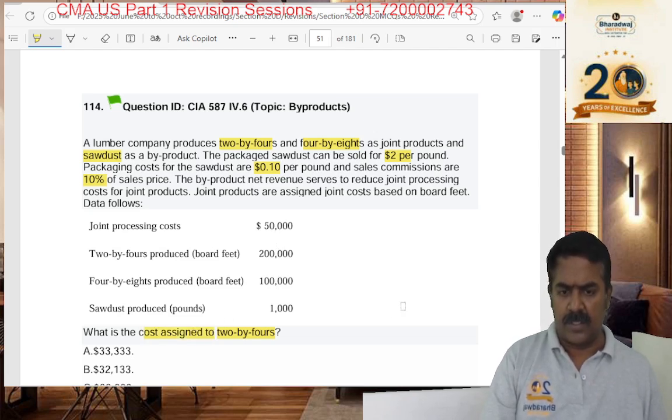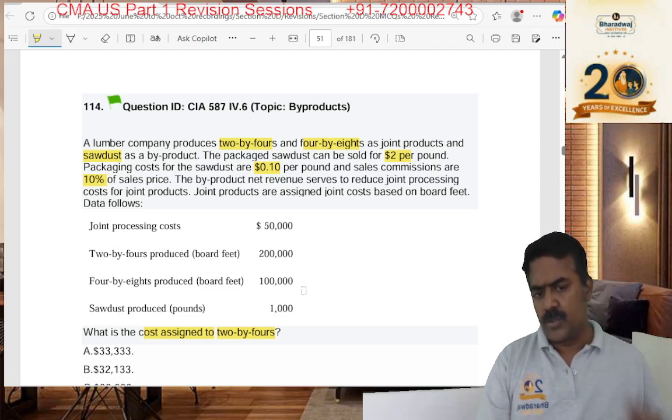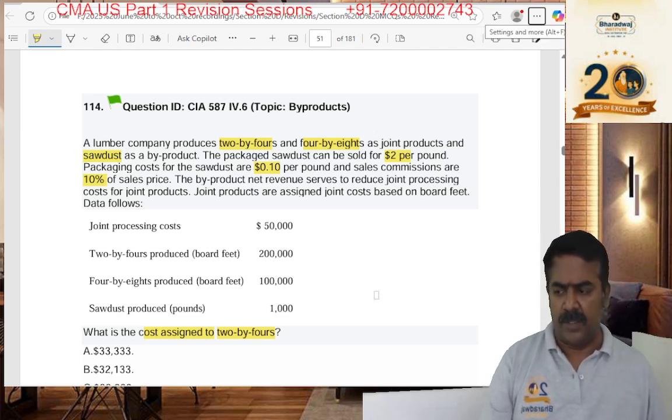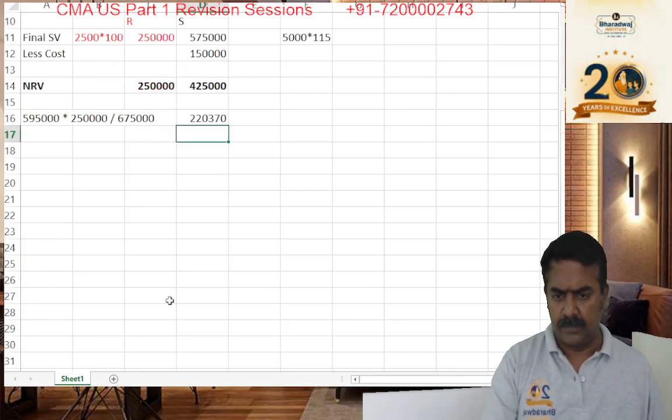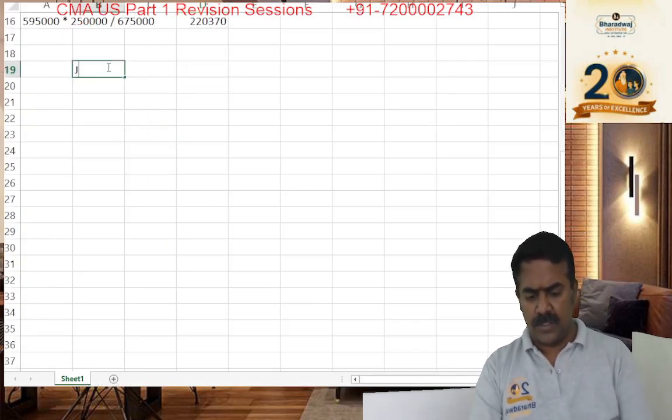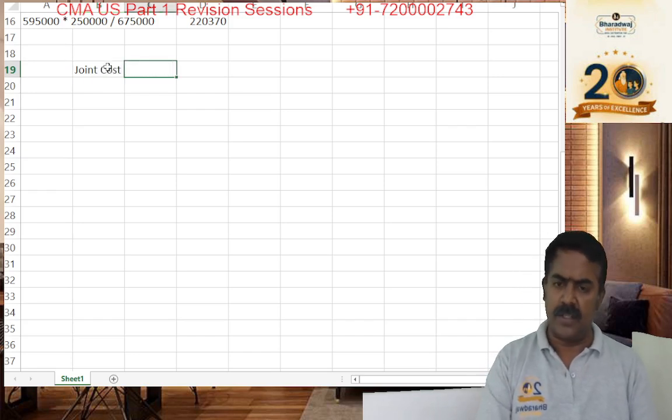What is the cost assigned to the two products based on board feet? First we have to see the sale value of the byproduct. What is the sale value of the byproduct? 1.7 into 1,000. What is the joint cost?